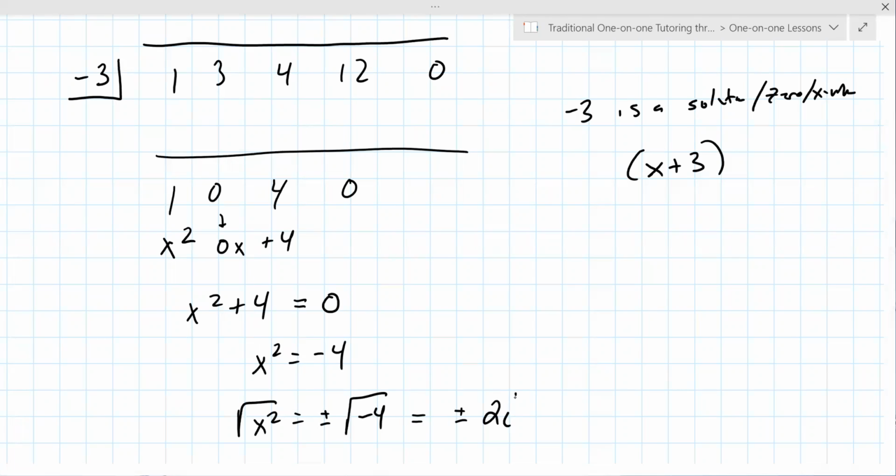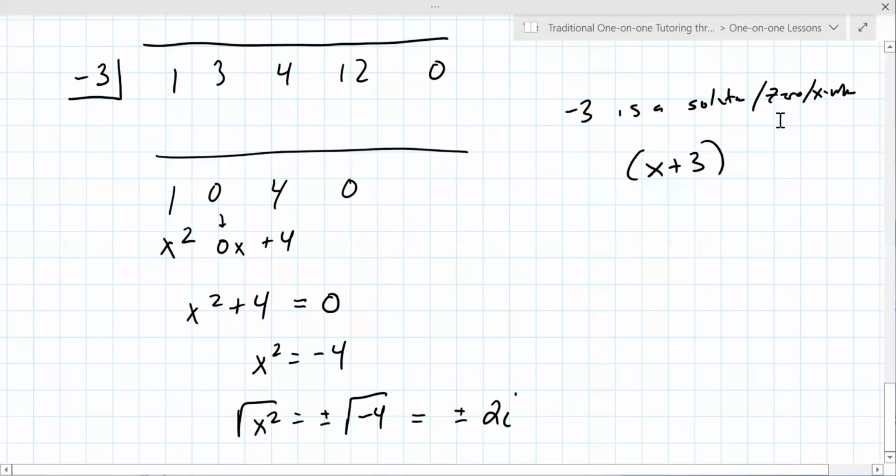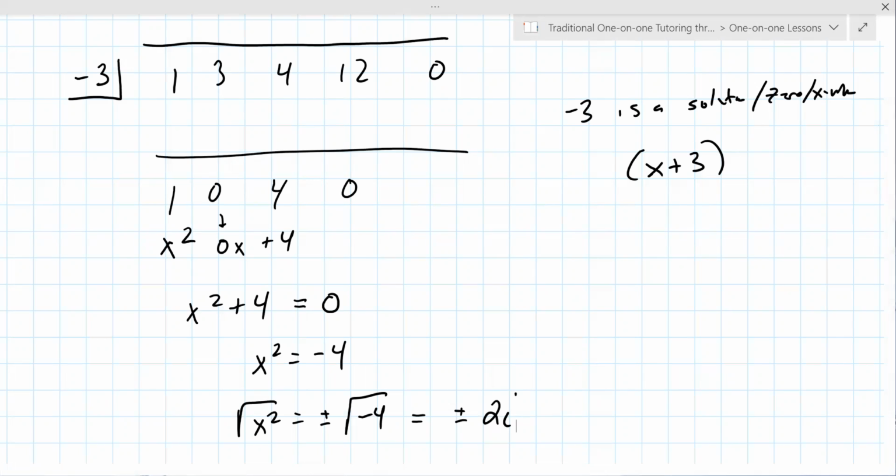Because generally you would never write these as factors in factored form, but you might write it as a solution. So you wouldn't write this 2i as a factor, but you would write it as a solution. That's where you may want to ask or look in the back of your book and see what it says.